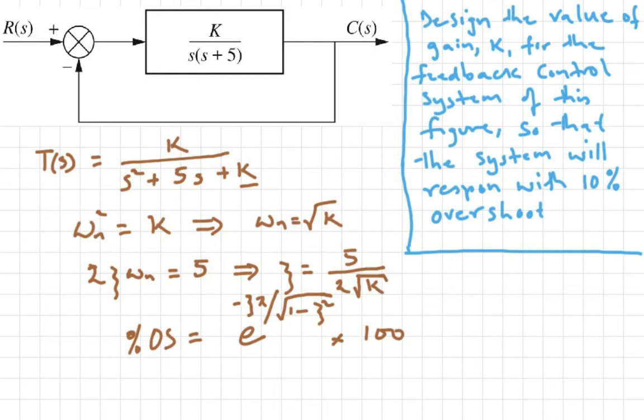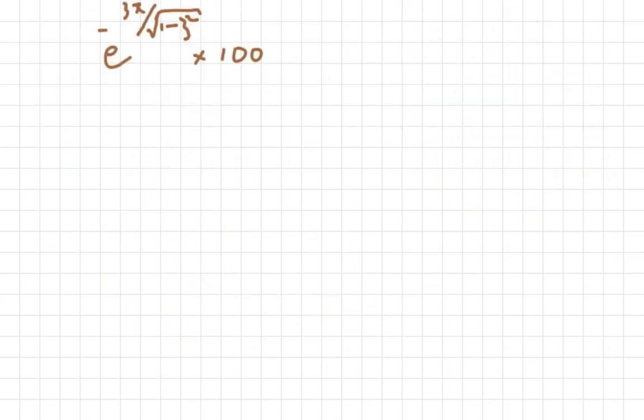So you can see that our percentage overshoot is dependent on zeta only. So we equate the percentage overshoot to 10 because that is our desired percentage overshoot. Or we can have e raised to the power minus zeta pi over square root of 1 minus zeta squared equal to 0.1.